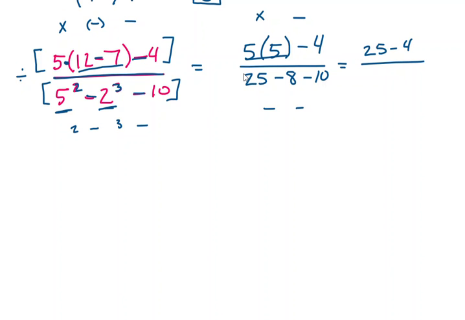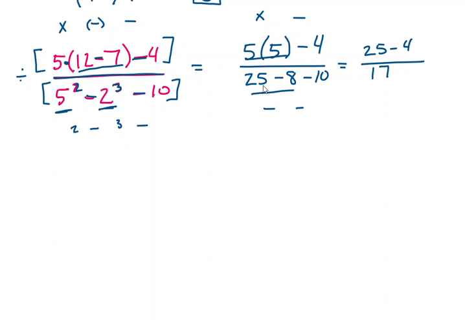You get the idea. Now, on the bottom, since the denominator is separate from the numerator, they're not going to touch each other until the end, I can go ahead and do my order of operations. In the denominator, order of operations says go left to right, and all the exponents are gone, all the multiplication and division is gone, so we're doing addition and subtraction, so we're going to do 25 minus 8, which is 17.